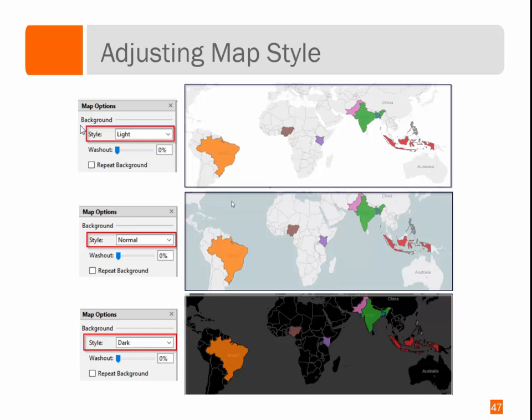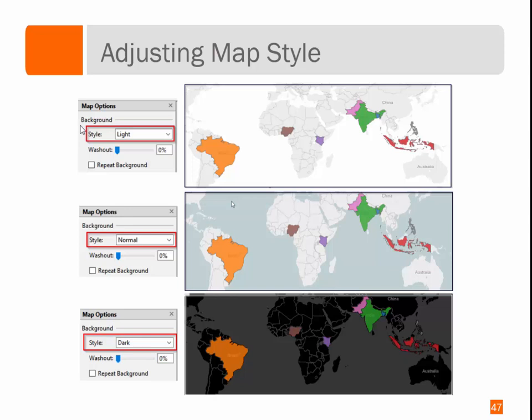My example in the center, or my style setting in the center, is a normal map, so you'll notice there it's a little bit better defined. My countries and geography are a little better defined here, and notice that I have oceans in this map. And then at the bottom, I have a particular style preference that I've selected called dark.